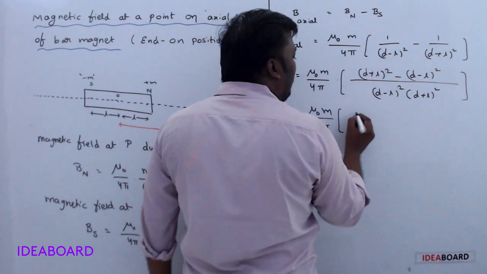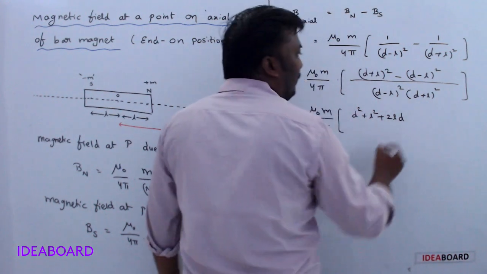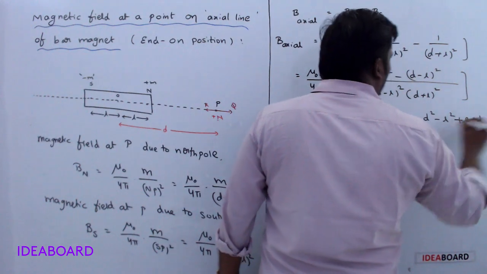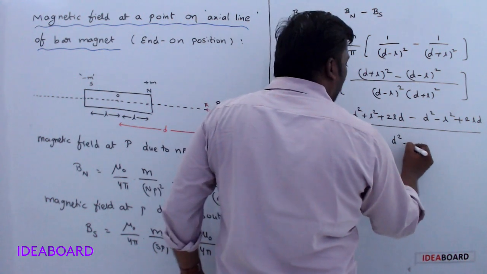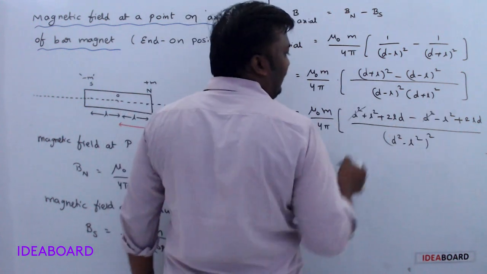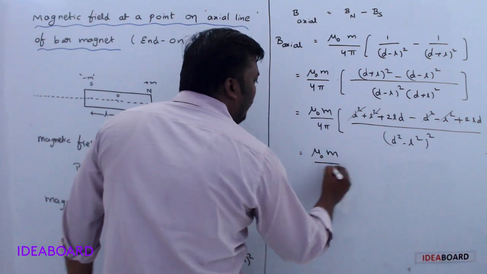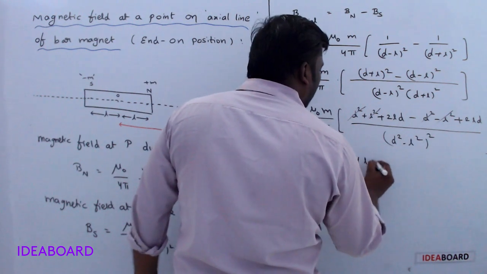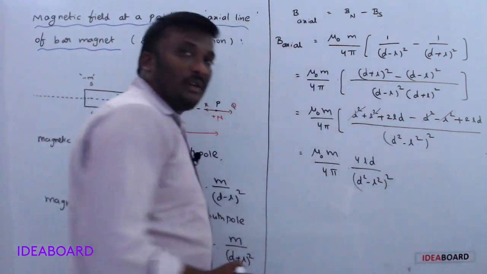Expanding, a square plus b square plus 2ab minus a square minus b square plus 2ab, over (a minus b)(a plus b), that is (a square minus b square) whole square. So here d square cancels, L square cancels. What you got: mu naught m by 4 pi, 2Ld plus 2Ld, that is 4Ld by (d square minus L square) whole square.